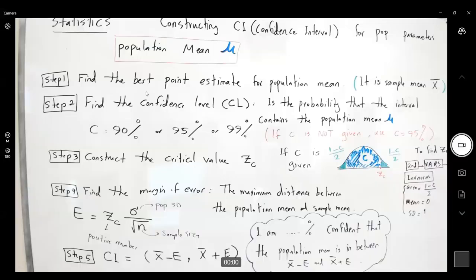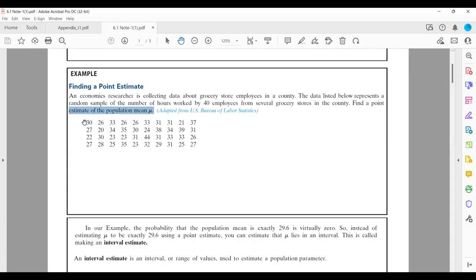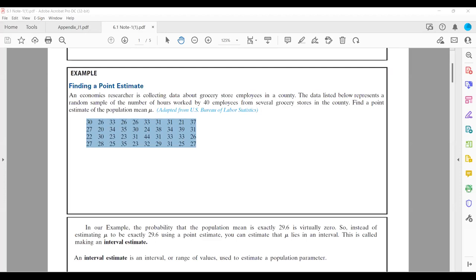Step 1, what is the point estimate for population mean? The point estimate for population mean is the sample mean. So what is your very first step? Your very first step is to calculate the sample mean. Very good. So we found the sample mean.